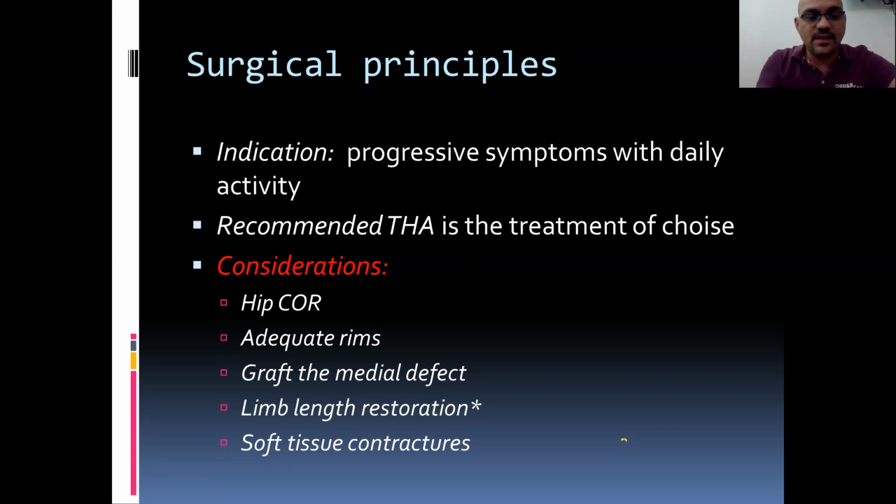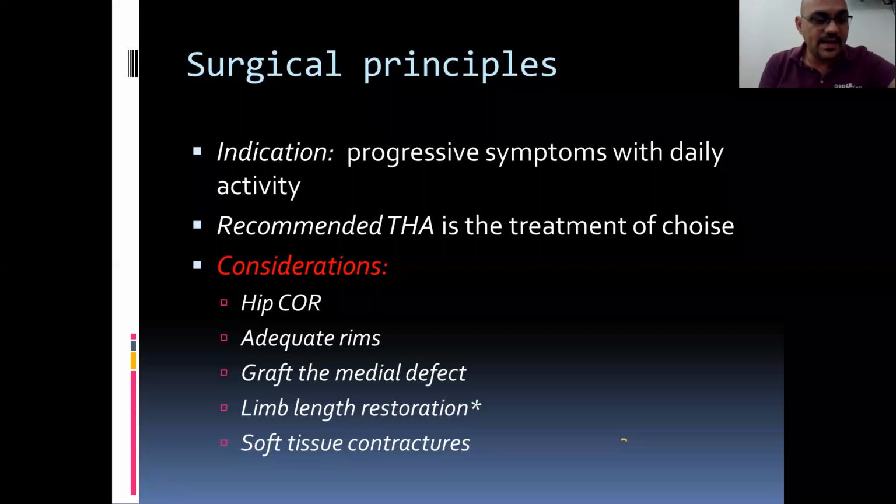When you go for a scheduled or same-session procedure, you have to restore the same length. Generally, plan for a low-level femoral neck resection and avoid overlengthening by choosing a femoral component with an offset.